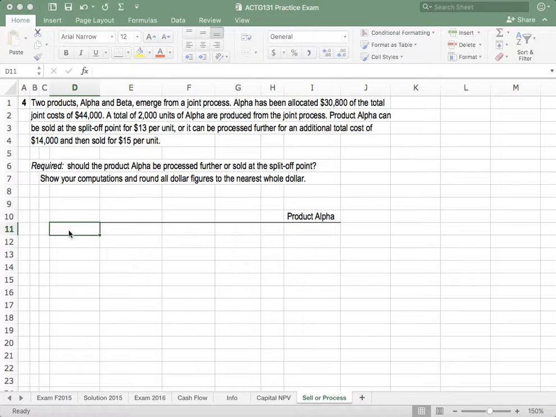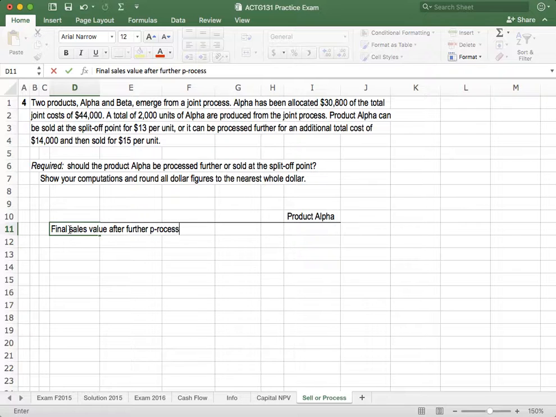So let's start. This is the easier calculation to do, I think, in all of Chapter 8. So the first thing we need to do is determine the final sales value after further processing.